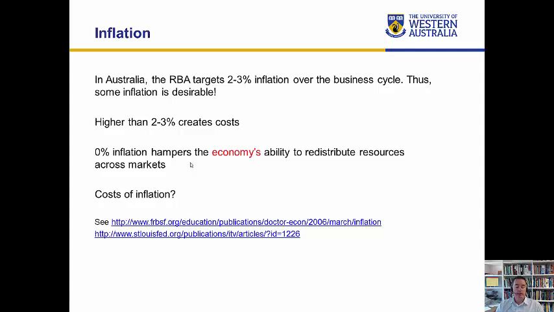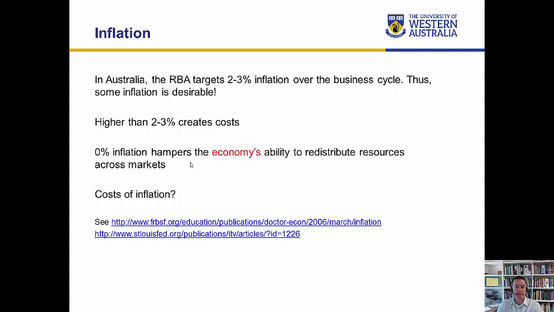But ignoring the possible effects of deflation, let's imagine that deflation was not possible for some magical reason, and zero inflation was as low as we could possibly go. Even in that situation, we wouldn't want zero inflation. We still want some inflation.